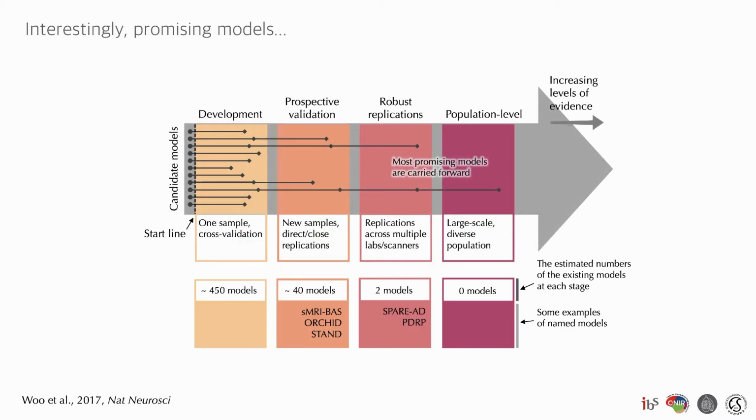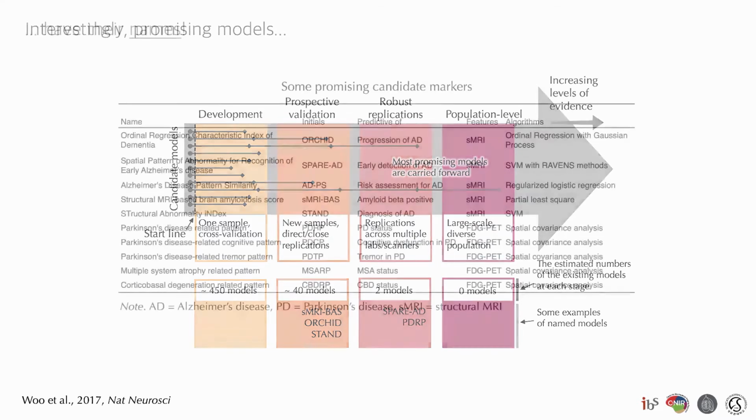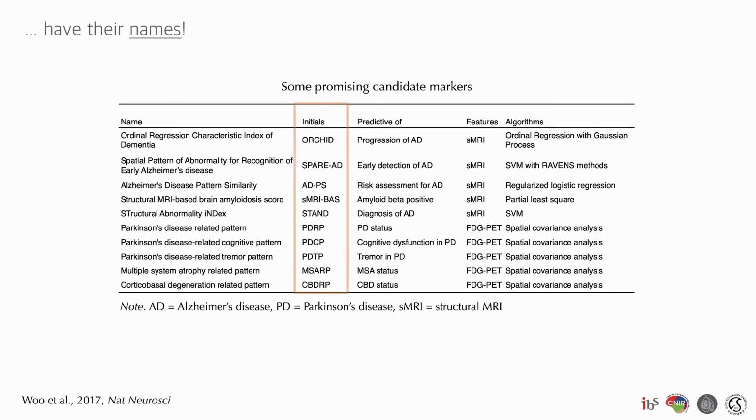Interestingly, when we examine the promising models that went through prospective validation and robust replication, many of them had their names, showing the researchers' intention to share these models, and they treated these models as research objects.